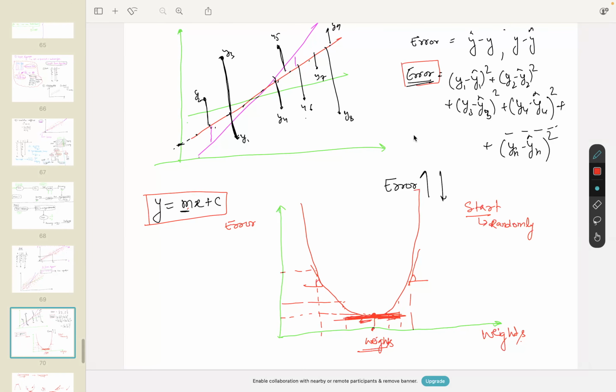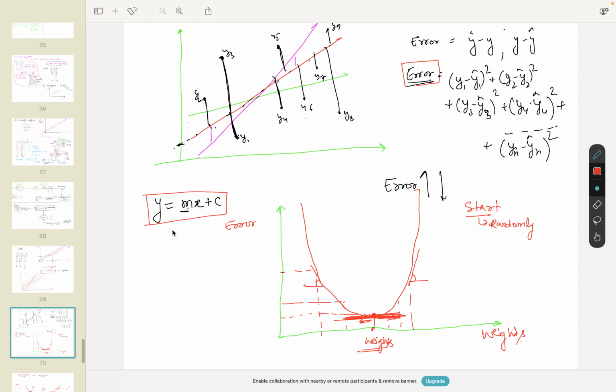And how to calculate the error, this is the formula. The minimum error is the lowest error, or in mathematics, the minimum point in an error versus weight graph. What is weight? In simple linear regression, the equation is y equals mx plus c, where c stands for the intercept, m stands for the slope of the line, and y is the output.